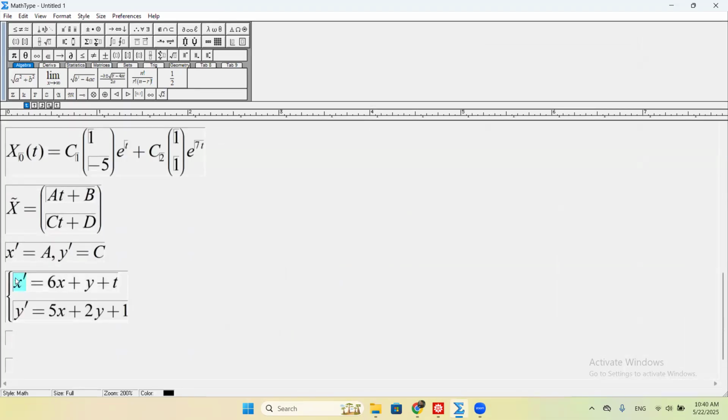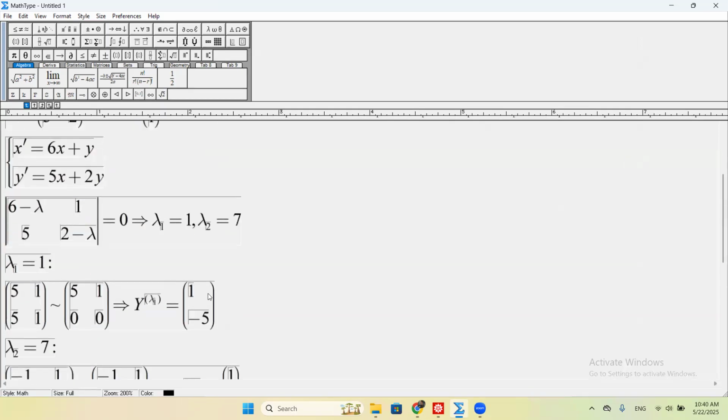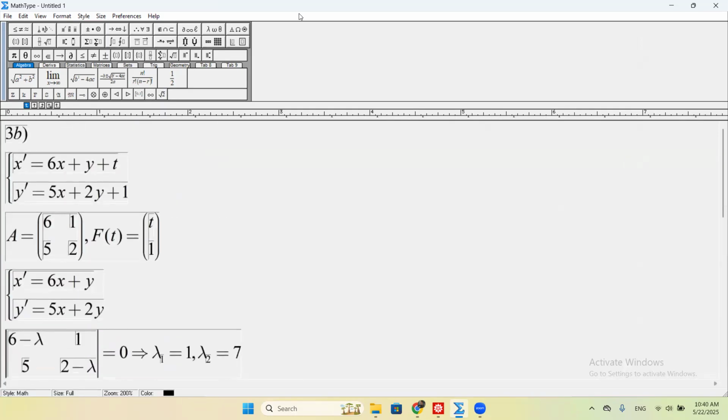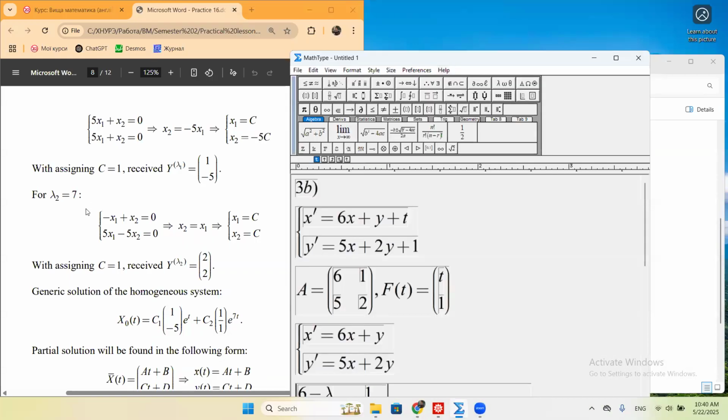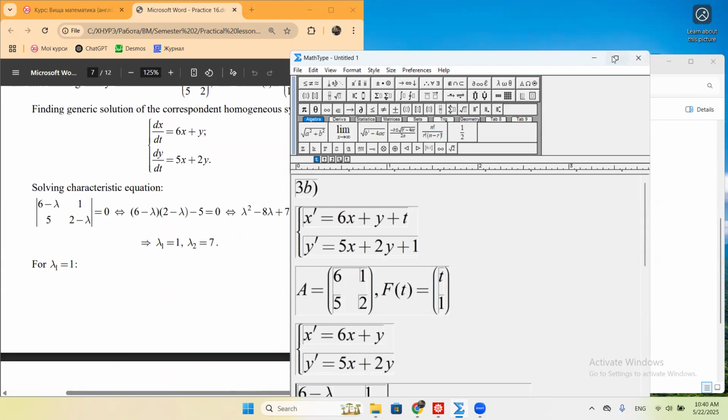So a here, c here, so 6x, then 5x. Stop. Plus y, not minus. Okay, plus.